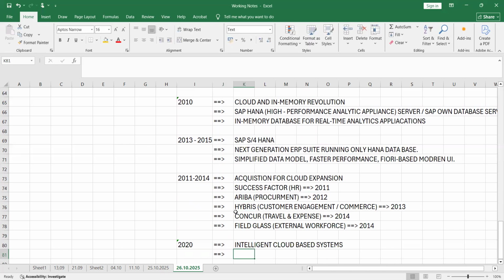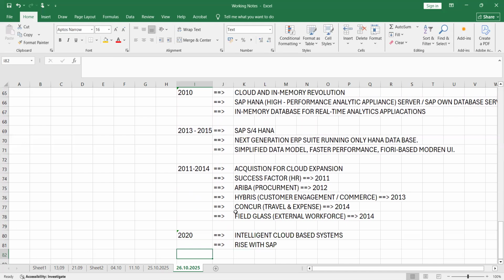In the year 2020, they came up with RISE with SAP. What is RISE?